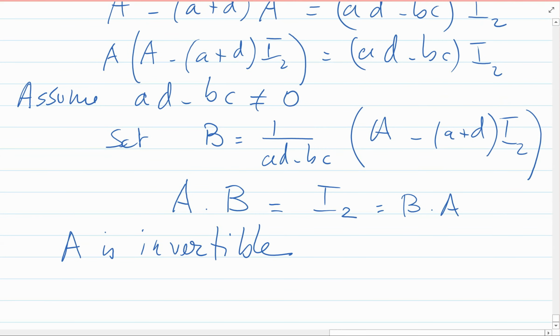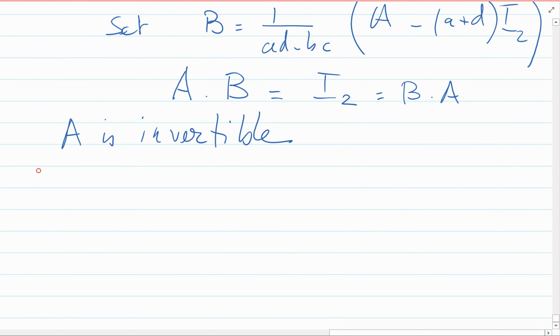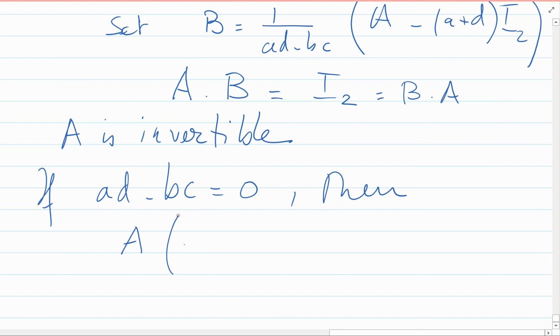Okay, if the determinant, if ad minus bc is equal to 0, then we have A times (A minus (a plus d) I2) is equal to what? 0 times the identity matrix is the 0 matrix.